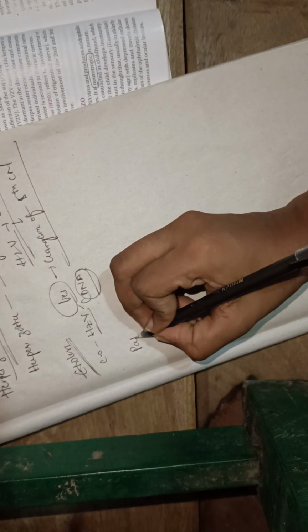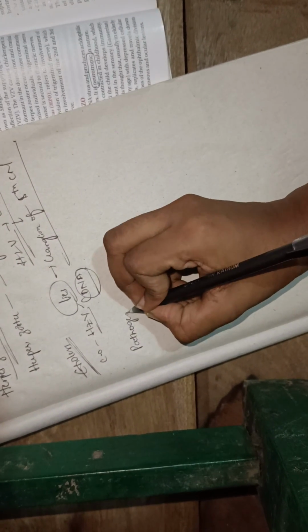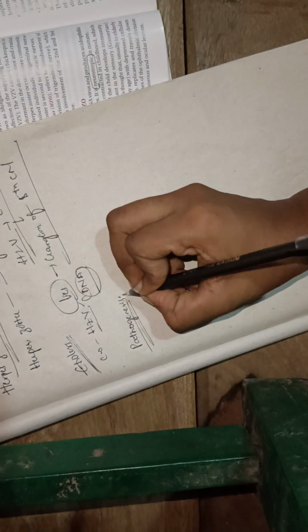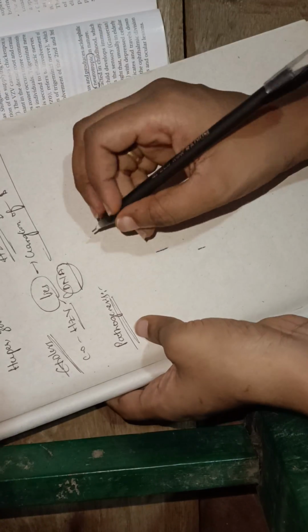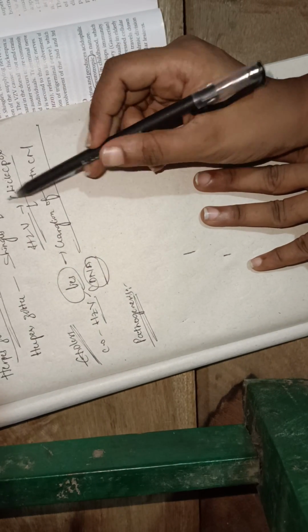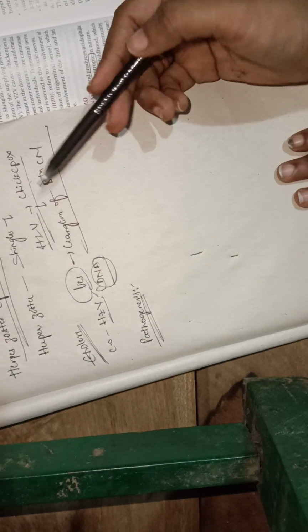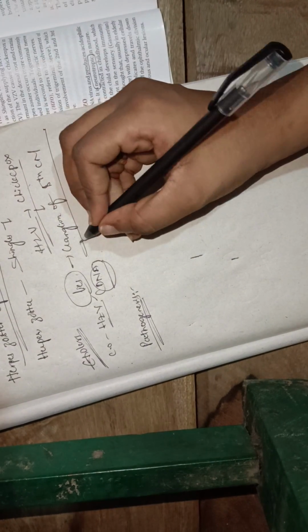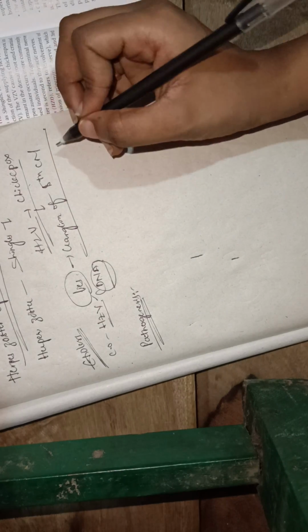Next we should discuss the pathogenesis. What is the pathogenesis of herpes zoster ophthalmicus? In childhood, when chickenpox came because of the herpes zoster virus, after recovery this virus remains in a dormant stage in the ganglion of the fifth cranial nerve.